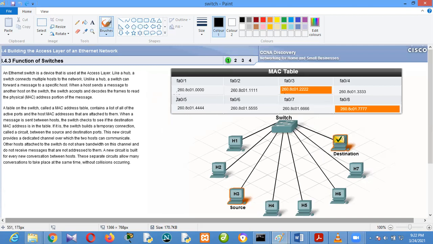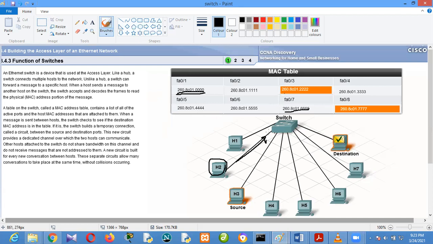Now, if it has knowledge about H1 and H7, for instance, H2 now asks who is H1. When H2 asks that, the switch will no longer broadcast the message. Why? Because the information about H1 is in this ARP table.